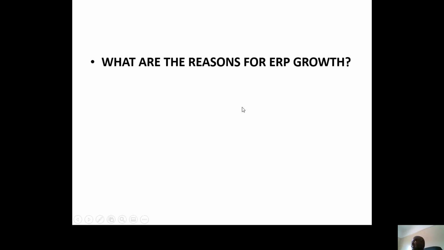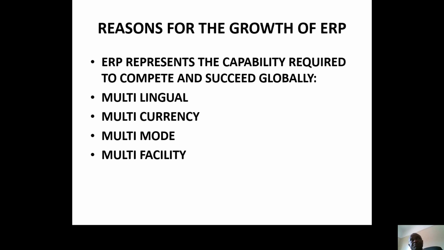Why should such a system grow? One would wonder why such a system should grow in this dynamic world. Tell me, I'll be interested to know the answer. I've also got some answers here. Because it's multilingual, with many languages involved.